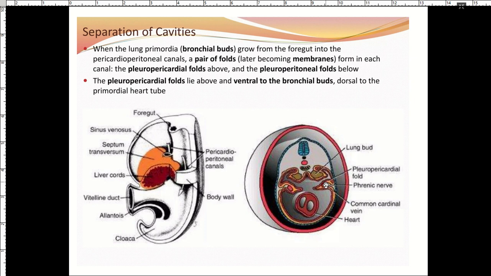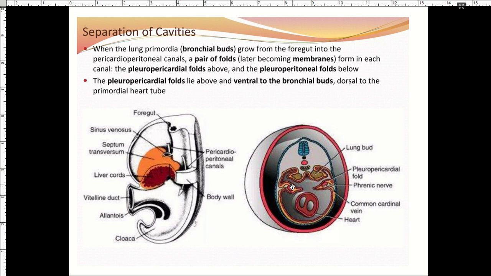You understand? Very important. So when the lung primordia, which are the bronchial buds, grow from the foregut into the pericardioperitoneal canals, a pair of folds, this one and this one, will later become membranes when they fuse.